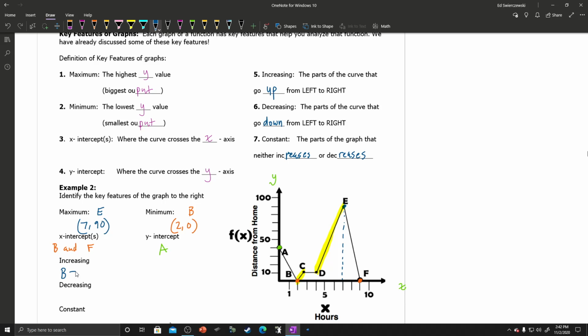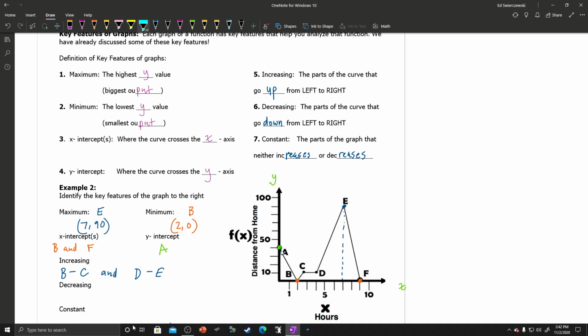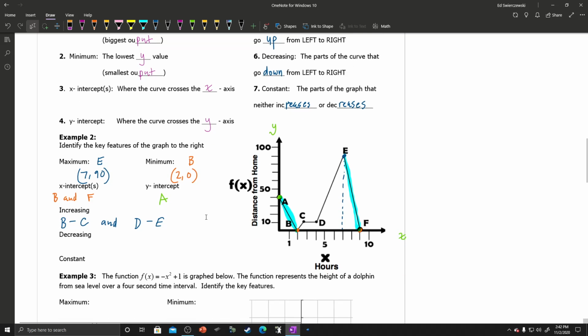So B to C and D to E. Then I can think about where my graph is decreasing. So my graph is decreasing from A to B and also from E to F.